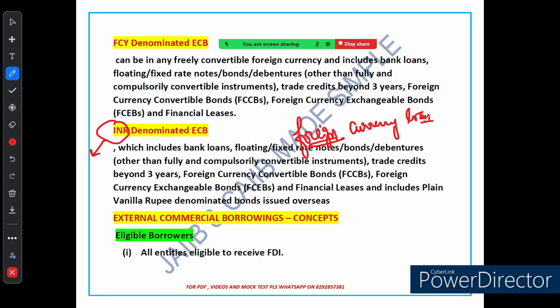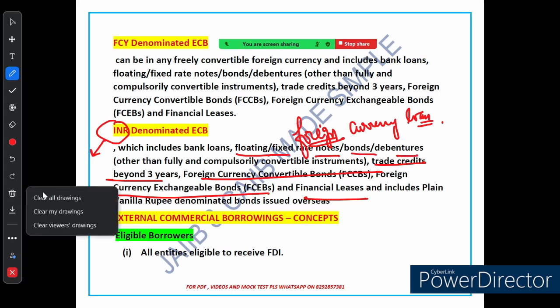You can still take a loan, issue bonds, debentures, or even enter into a trade credit agreement. As we have seen in the first case, it is not limited to just a bank loan. You can enter into trade credit beyond 3 years, foreign currency convertible bonds, foreign currency exchangeable bonds, financial leases, floating and fixed rate notes, bonds, debentures, right?